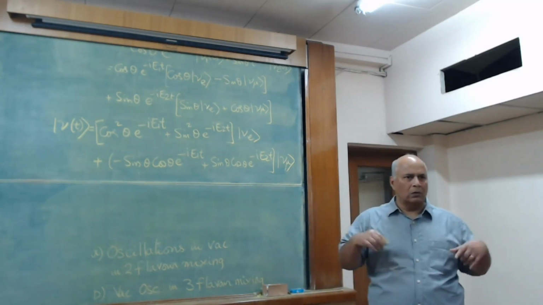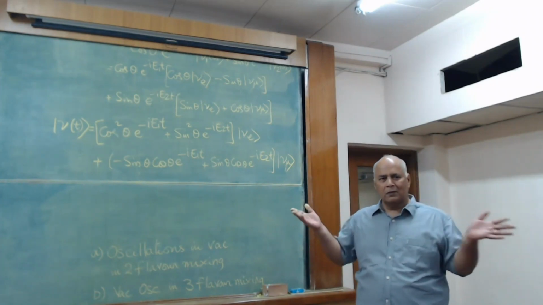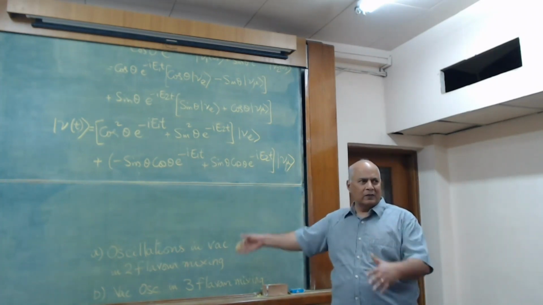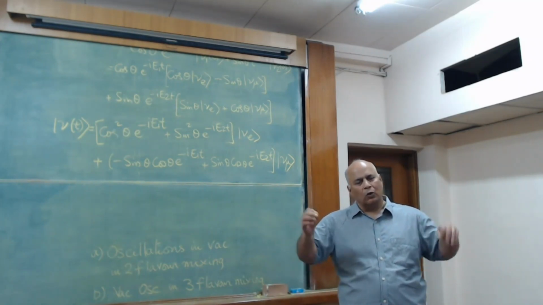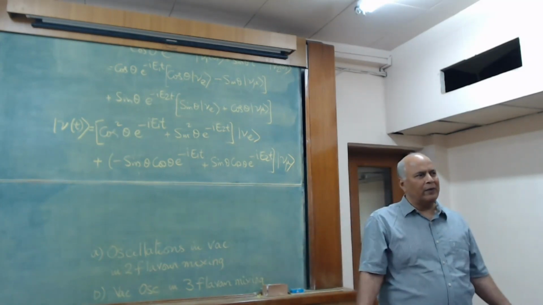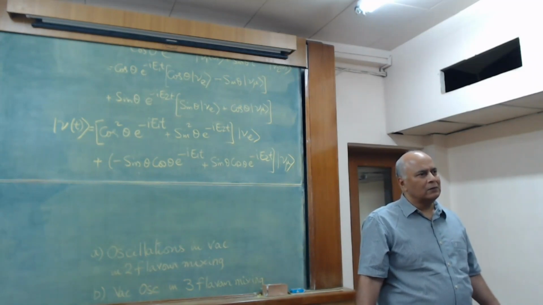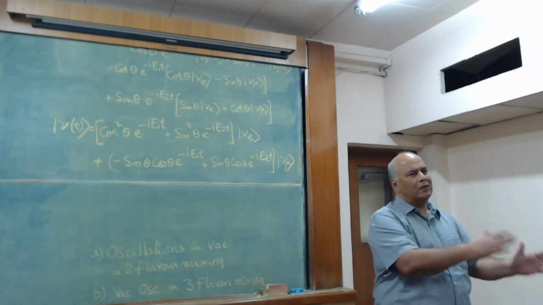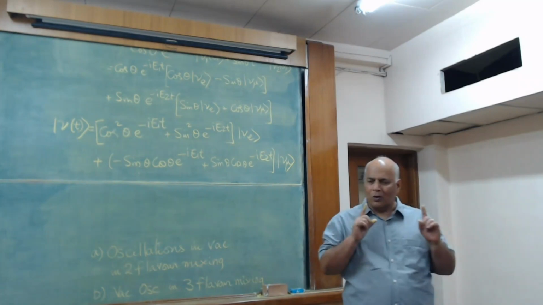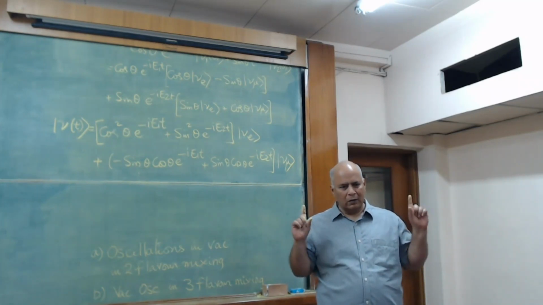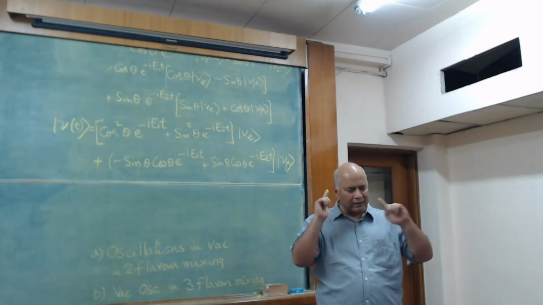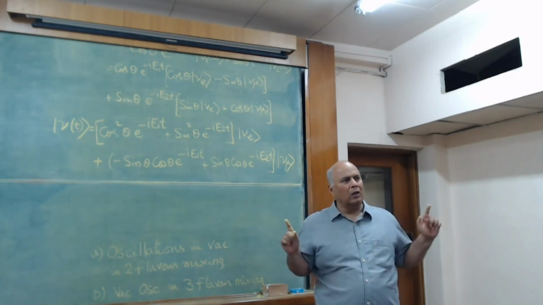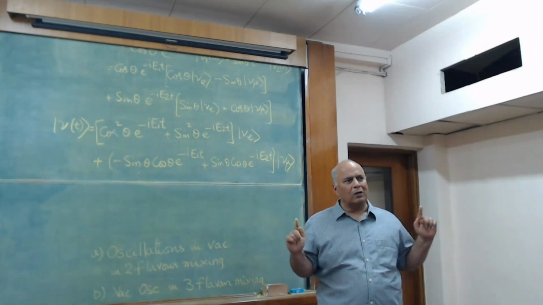So, what happens if you try to apply this formalism to electron and muon? What will happen is that the coherence is lost within 10 power minus 23 seconds. Actually, that's not a correct statement. In the case of electron and muon, loss of coherence is not the issue.